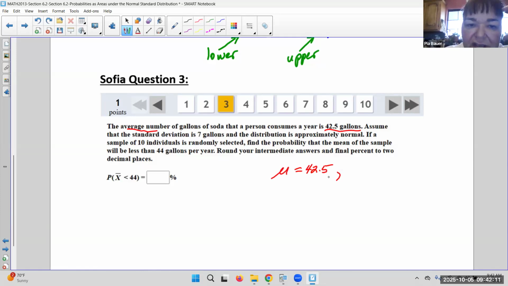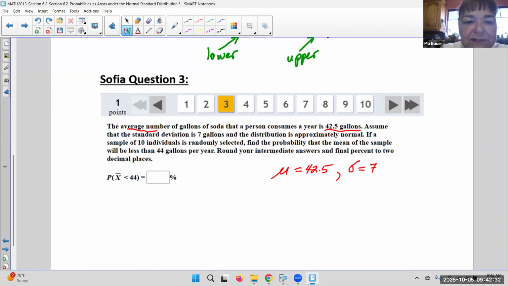Assume that the standard deviation is 7 gallons. So that would be the population standard deviation is 7 gallons. And that the distribution is approximately normal. This is what allows us to use the tables, as well as that option 2 is a normal distribution.